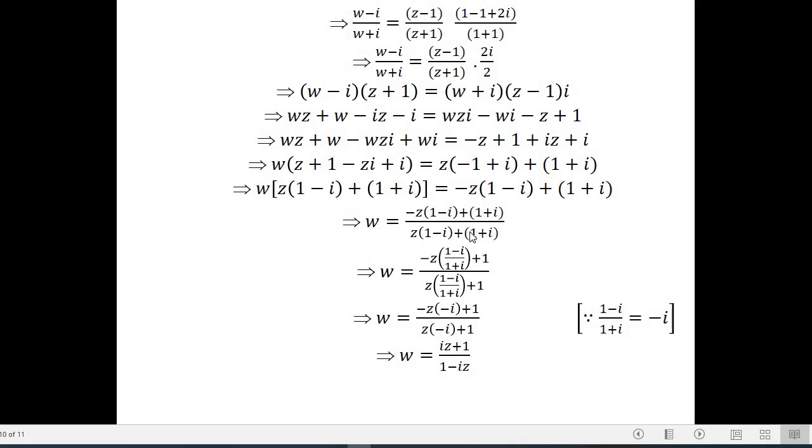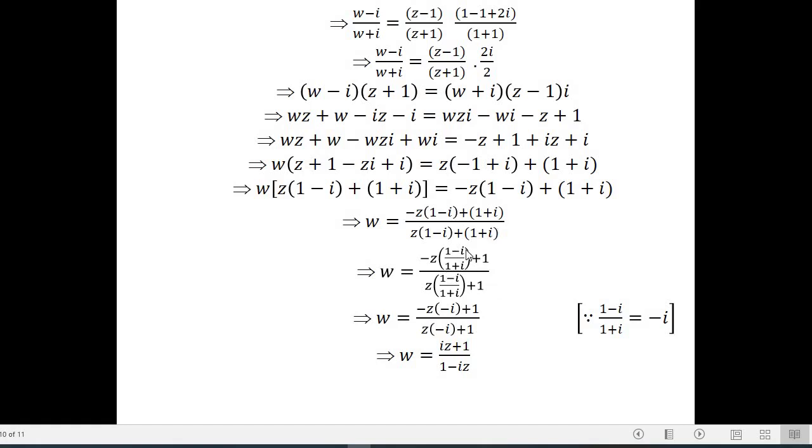Further this can also be written as, I divide this 1 plus i to each term. For both numerator and denominator we divide 1 plus i to each term, that is w is equal to minus z into 1 minus i divided by 1 plus i plus 1 plus i divided by 1 plus i is 1, whole divided by, in denominator z into 1 minus i divided by 1 plus i plus 1 plus i divided by 1 plus i is 1.